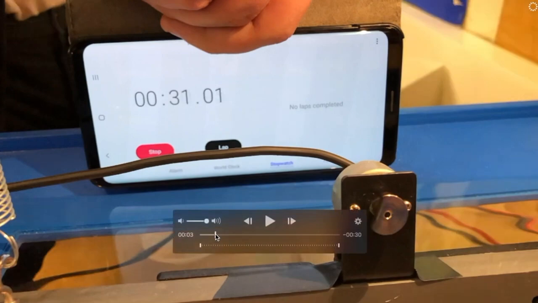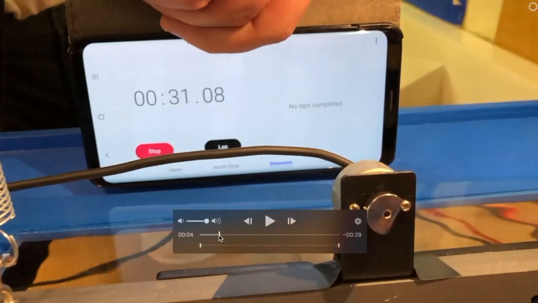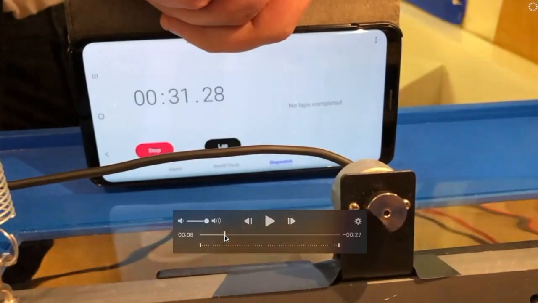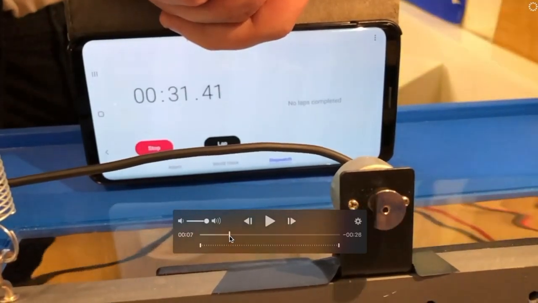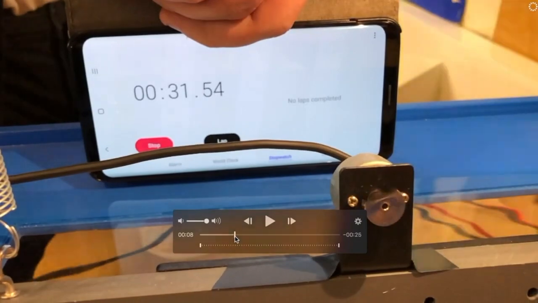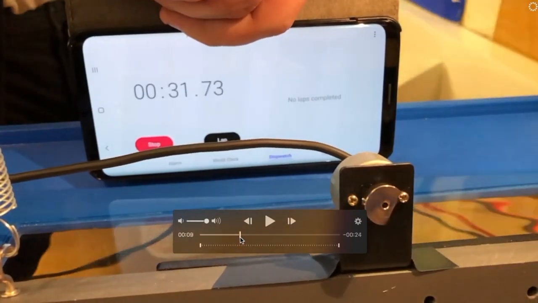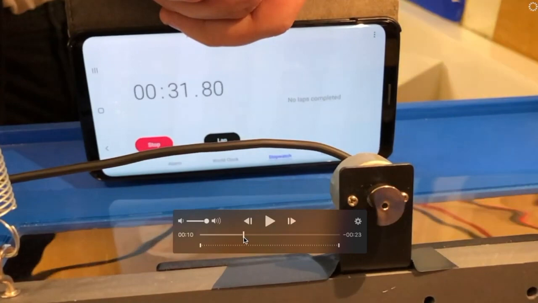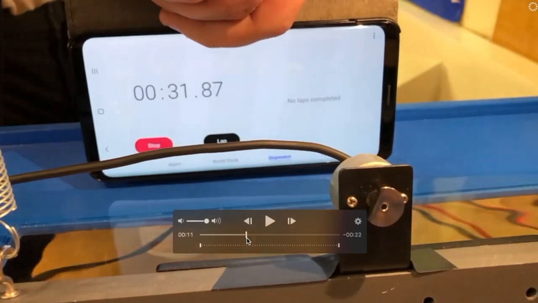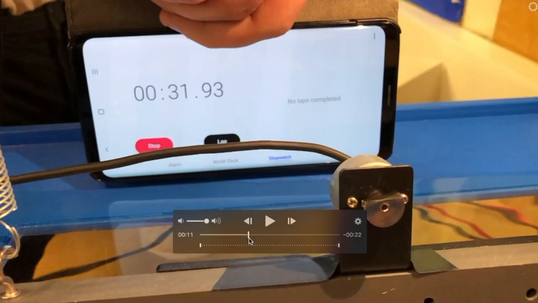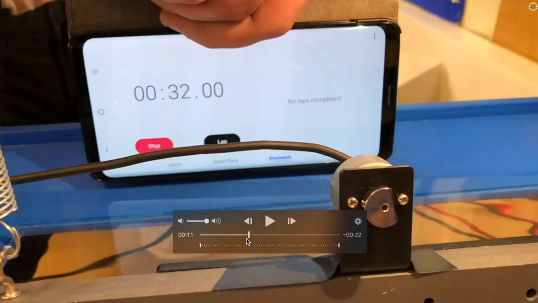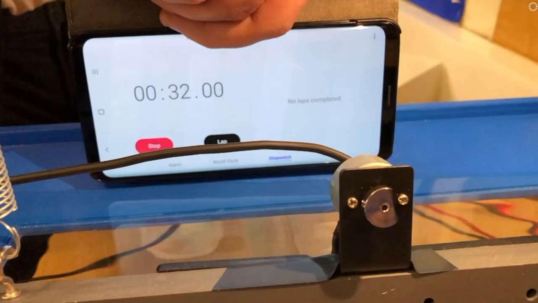So here I go. 0, 1, 2, 3, 4, 5, 6, 7, 8, 9, 10, 11, 12, 13, almost there, 14, right, so 14.5. So if that motor's spinning 14.5 times in 1 second, that means the frequency of our ripples is 14.5 hertz.